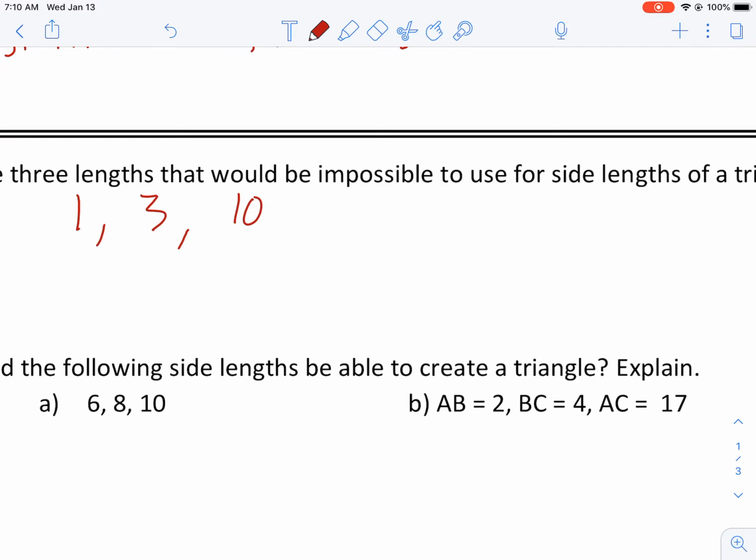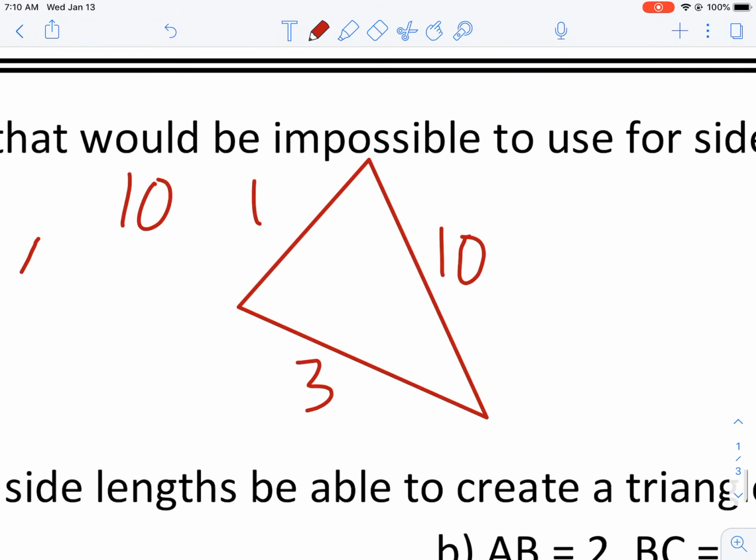first of all, let's just draw a random triangle. This clearly isn't 1, 3, 10, but let's say if this was 1, 3, 10, this is what I was talking about between the shortest distance between 2 points. If we had points here, the distance straight there is 10, but then you can go off to the side to the left, and then you can go over to the right, and that distance is only 4.